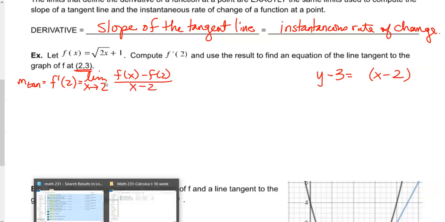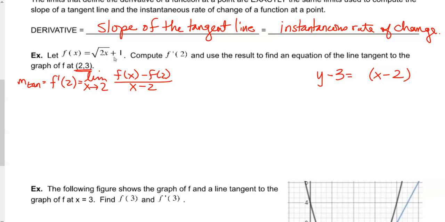And I'm going to plug in f of x, which is this radical equation right now. So we have the limit as x approaches 2 of the square root of 2x plus 1 minus, so that's f of x. Now, what is f of 2? Well, you can plug 2 in here if you want. But if you want to, you can just grab it off of here. This is f of 2. That's 3. So I'm going to subtract 3 all over an x minus 2.